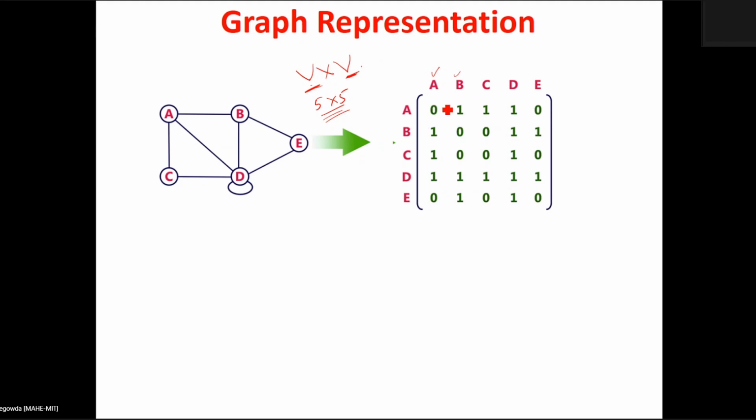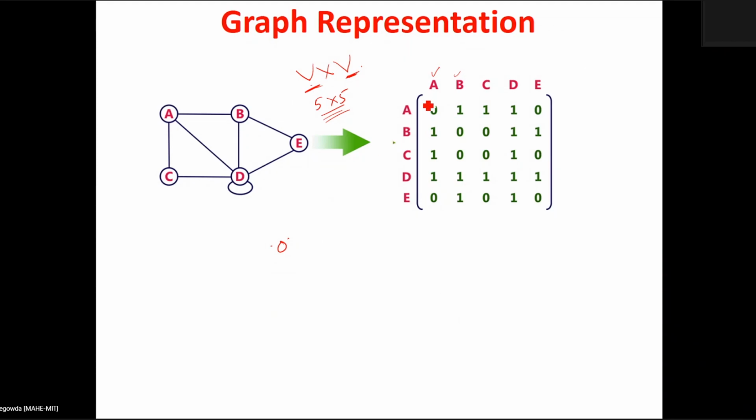Now I am going to find what value needs to be stored in a specific location in the two-dimensional array. In this representation, if 0 is there in any location, it is understood that there is no edge from the given source vertex to the destination vertex.